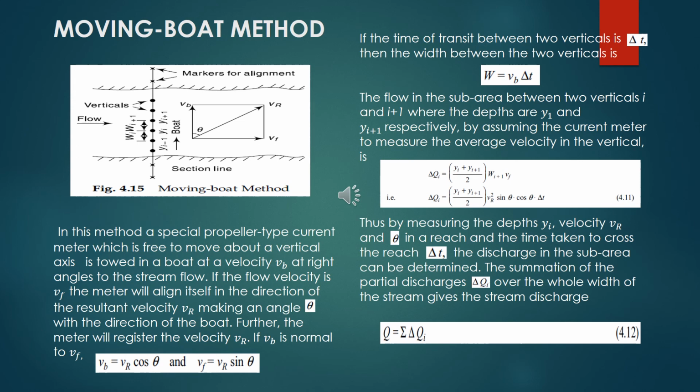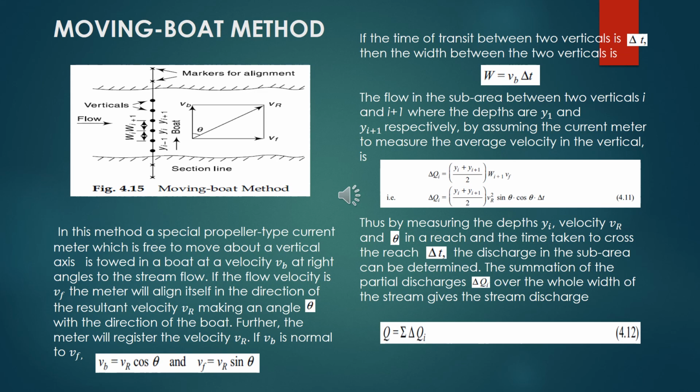The flow in the sub-area between two verticals i and i plus 1, where the depths are y sub i and y sub i plus 1 respectively, by assuming the current meter to measure the average velocity in the vertical. Here are the equations.